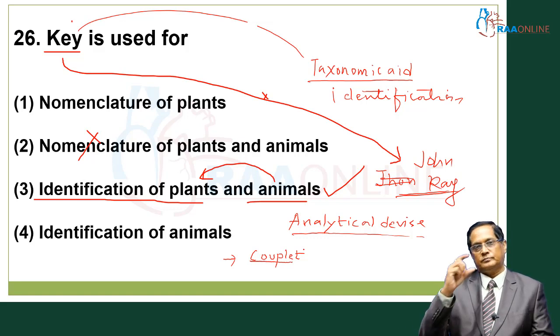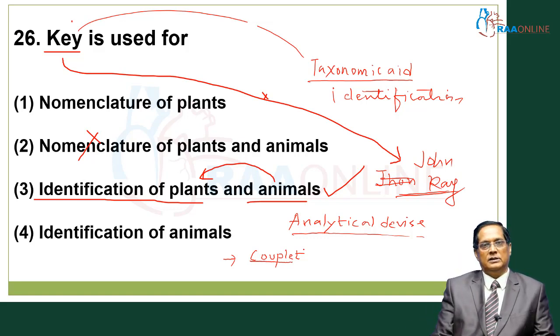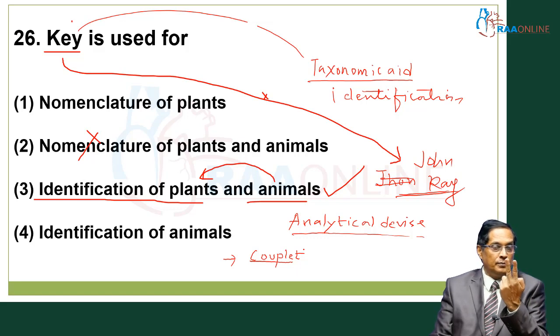Suppose I have a leaf of a mango plant and I want to know the class of this particular mango. The leaf also plays an important role in its classification. See the venation.